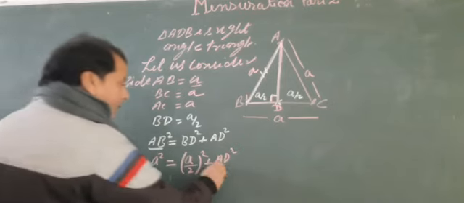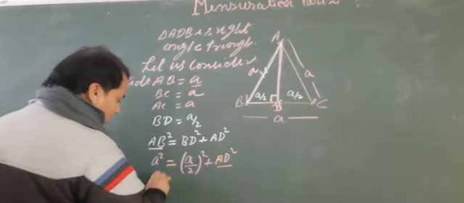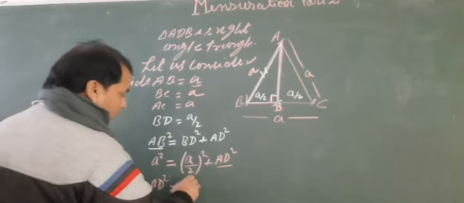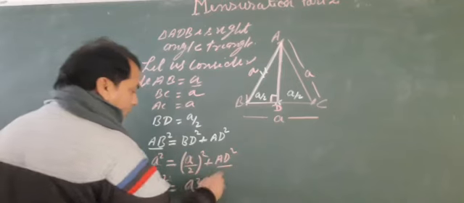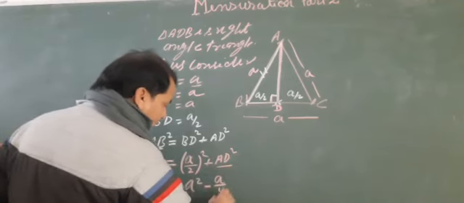So it is clear that AD square equals A square minus A square by 4.